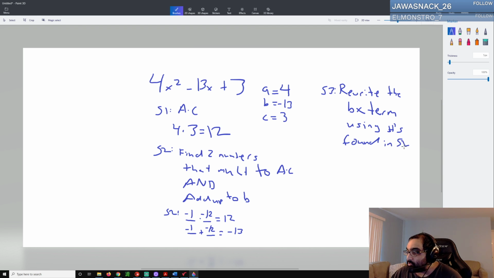Okay, so basically what I'm doing here is I'm rewriting the problem, okay? So here I have 4x squared. That part's going to stay the same, okay, here in step 3. But now I'm going to rewrite minus 13x in terms of these two numbers here. So I'm going to write, say, minus 1x minus 12x, and then plus 3.